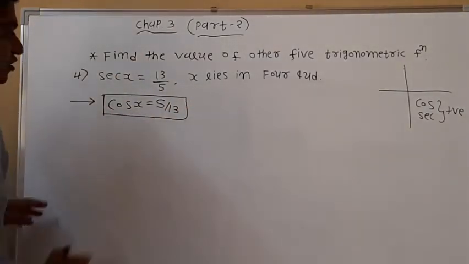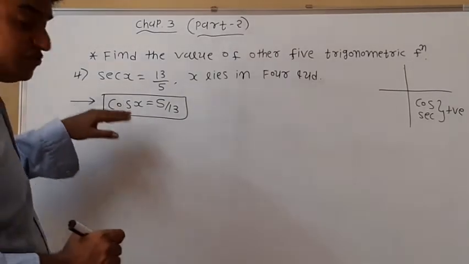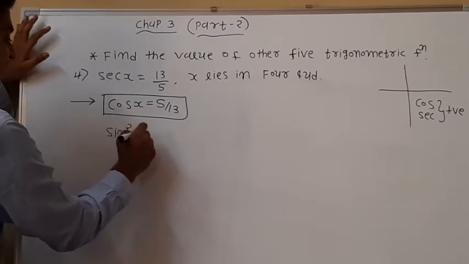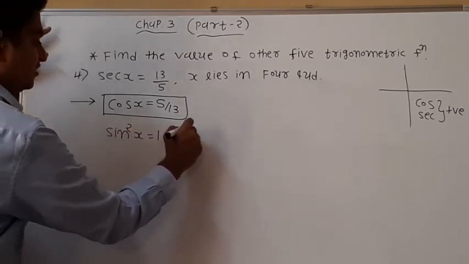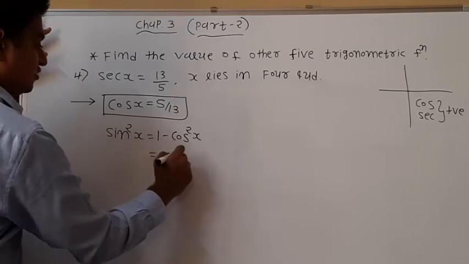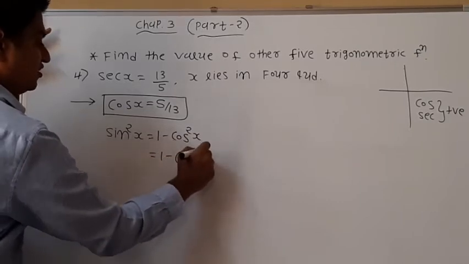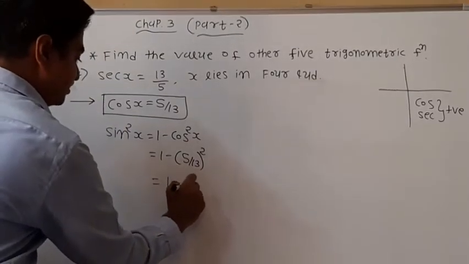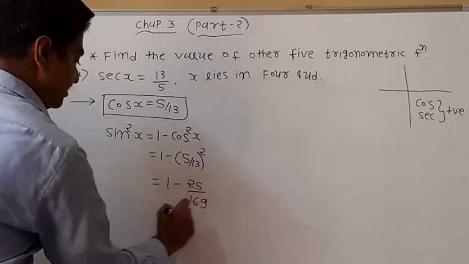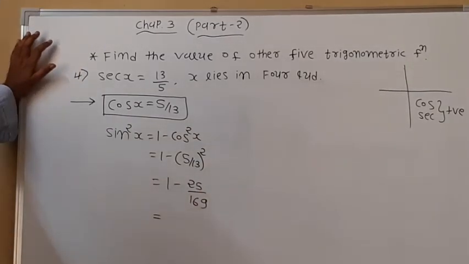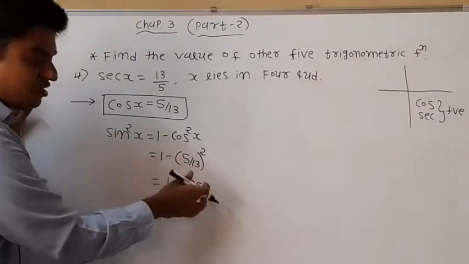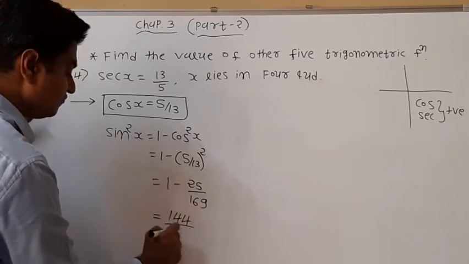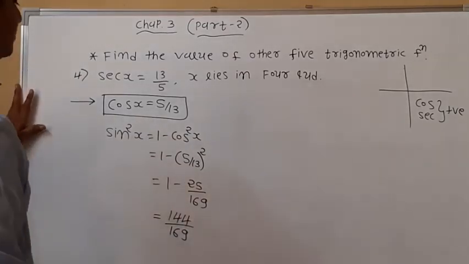Now using cos x, we can find the value of sin x. sin square x is equal to 1 minus cos square x, which is 1 minus (5 by 13) whole square, which is 1 minus 25 upon 169. Now take LCM and simplify. 169 minus 25 is 144 upon 169.